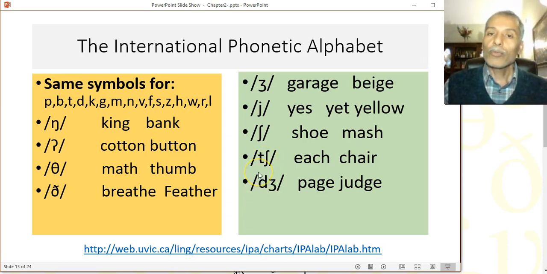One is voiced, one is voiceless. Sh and j are also cognates. One is voiced, one is not. So you combine the two voiceless sounds, ch, you get this sound. And you combine the voiced form of these sounds, you get j, as in page, judge, fudge, hedge.